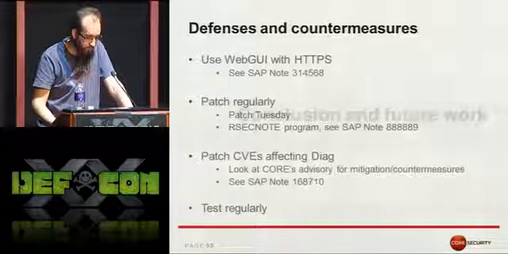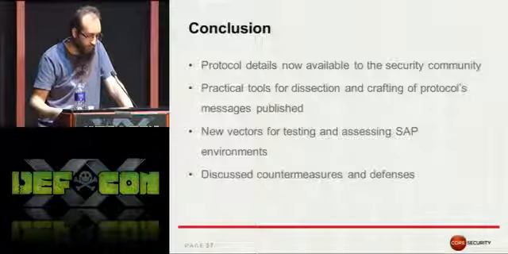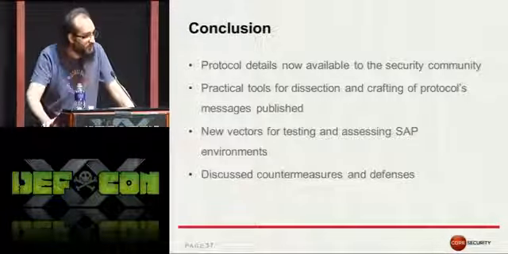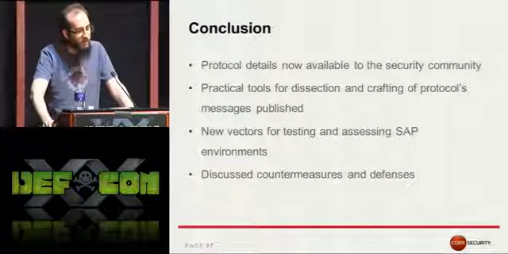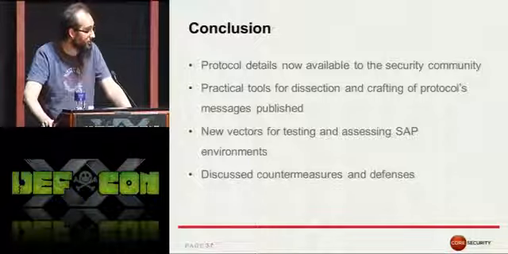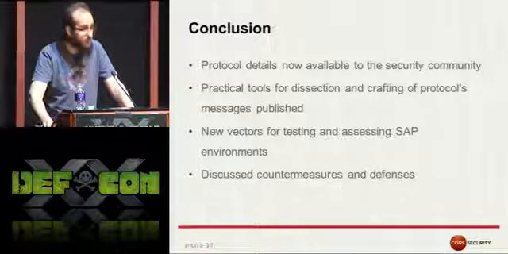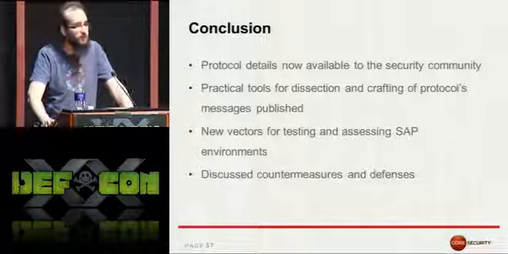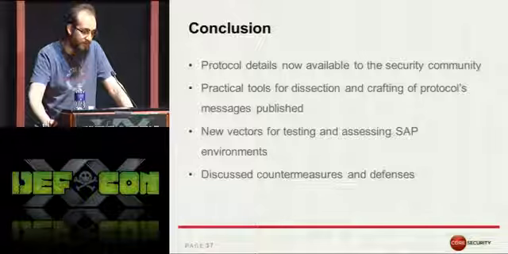So let's move on to the end. Well, we have discussed what the protocol packet looks like. The details about the protocol are now available. Practical tools, both for dissecting and for crafting packets, are available.